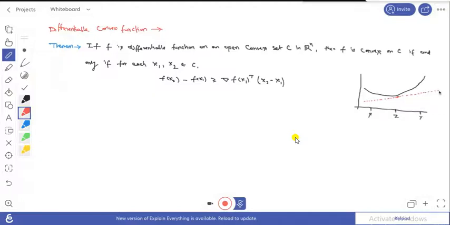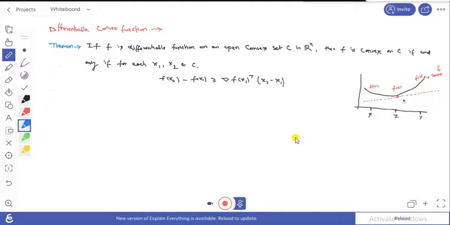So here the main concern is this. The function value at this point is f(z), and the function value at this point is f(x), and similarly at that point of this function it is f(y). This function is a convex function, and that convex function is f. Now what is the equation of this line?